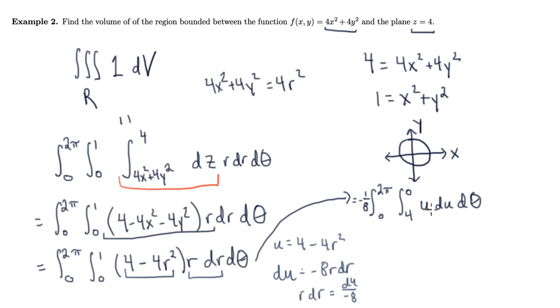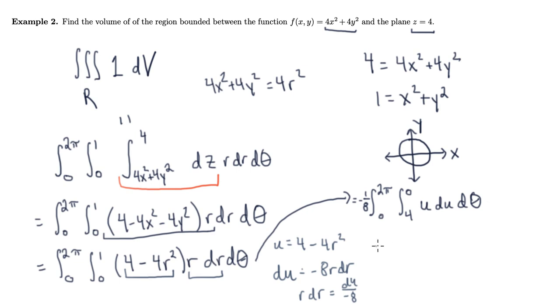Well, I have a u squared over 2, and then I evaluate it from 0 to 4, so that's going to be 8, essentially. Well, negative 8, because it's going to be 0 minus 16 over 2, so negative 8. Well, that cancels with the negative 1/8 that's out here.